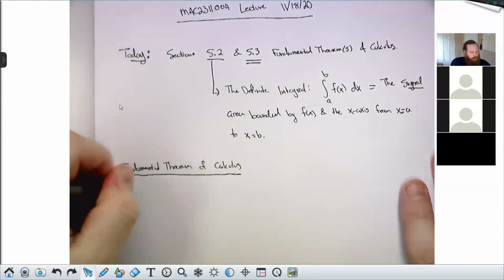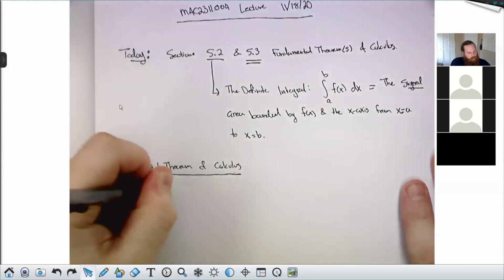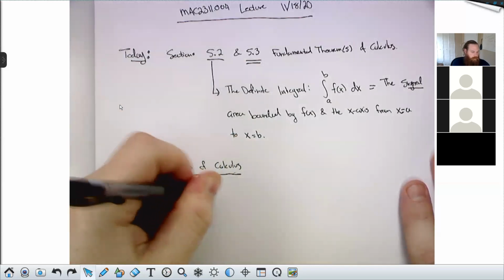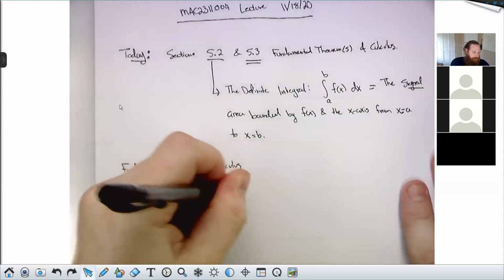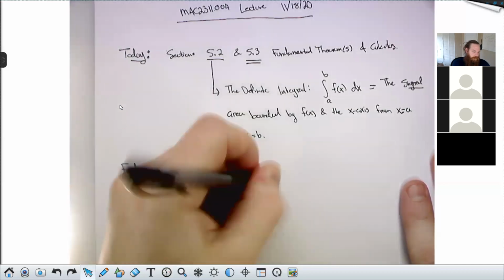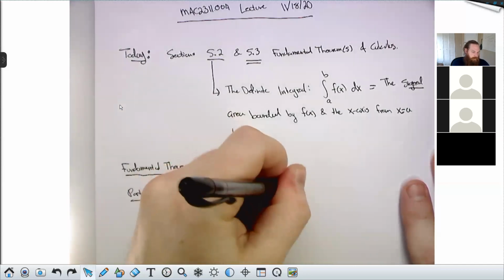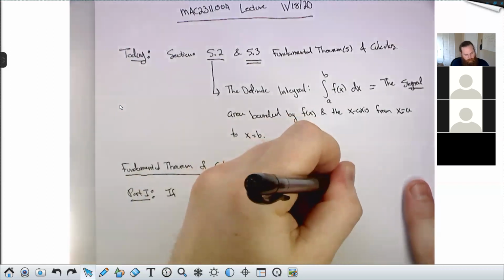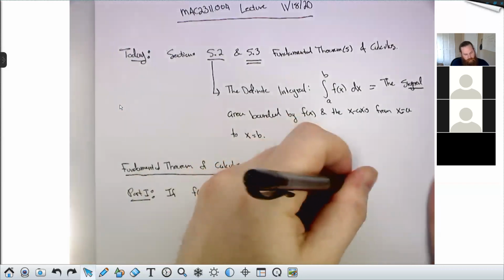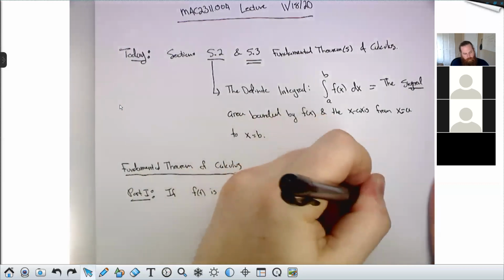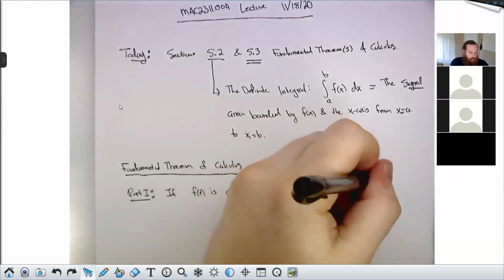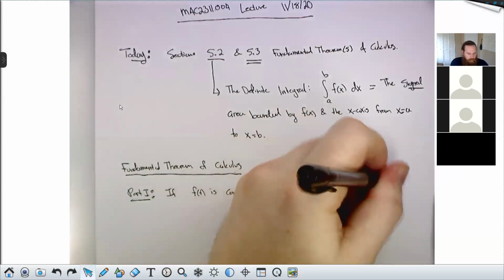two parts. Part one says if little f is continuous, and we define a new function, call it g, to be the integral from any constant a up to x of little f of t dt.